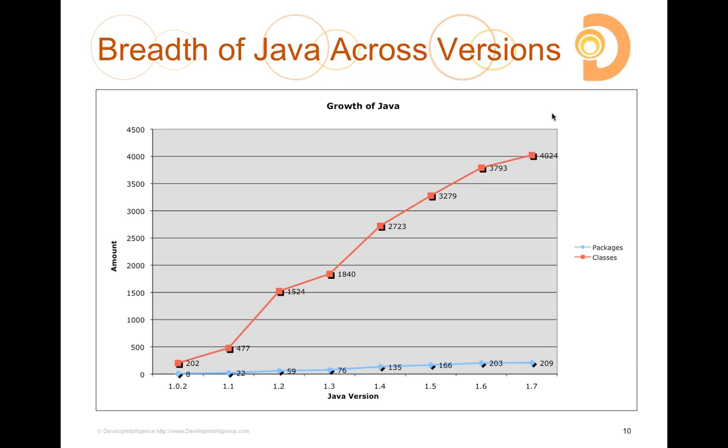Just to give you an idea of how Java has grown from its early days, most people would say that the first true production-worthy version of Java was JDK 1.0.2, so that's where our graph starts, and it brings us through today. What you'll notice is that over the past few years, Java has grown from a small handful of classes, 200-some odd classes, all the way up to a very, very large set of libraries.